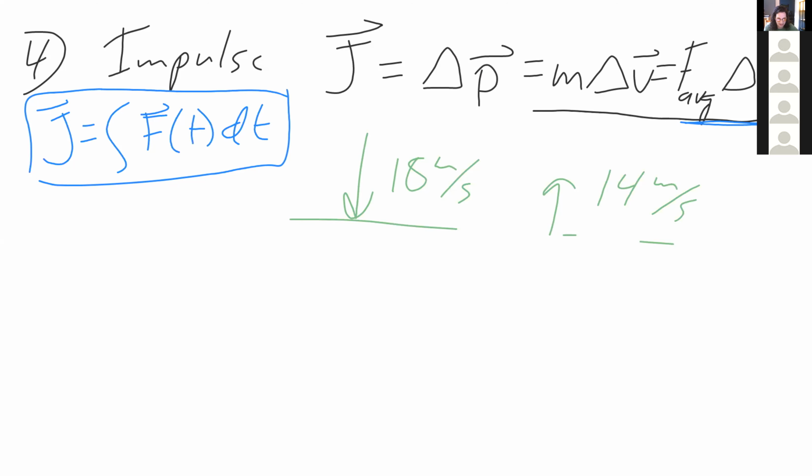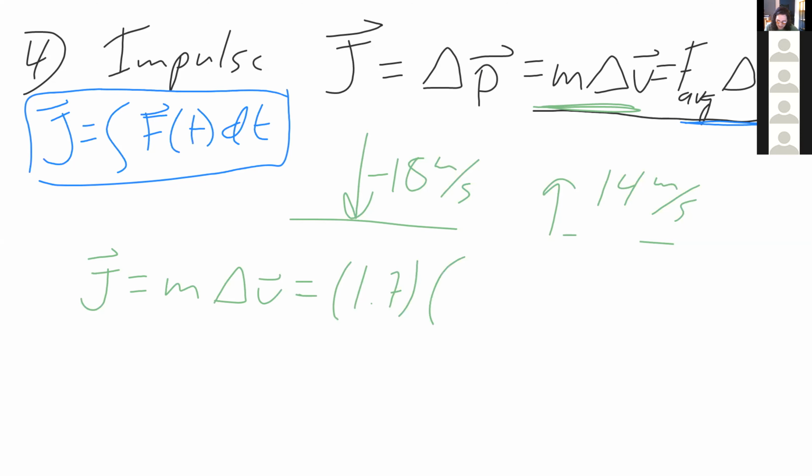They gave us a mass explicitly. We can find the impulse right here, mass times the change in velocity. One thing I will note is that if your ball is traveling downward, keep in mind that means it has a negative initial velocity. So I would just do m times delta v, where the mass is 1.7 kilograms.